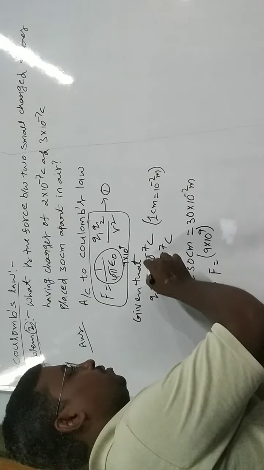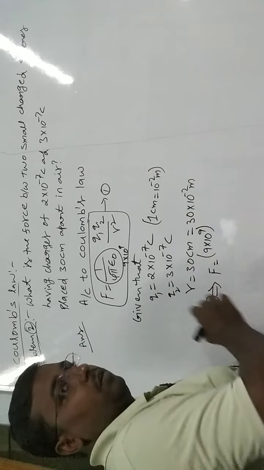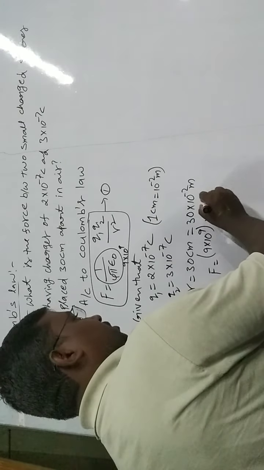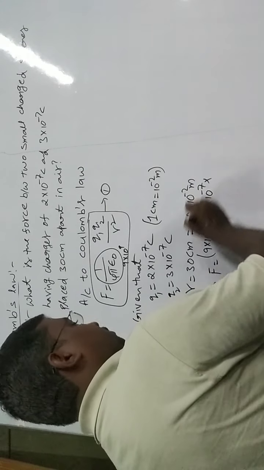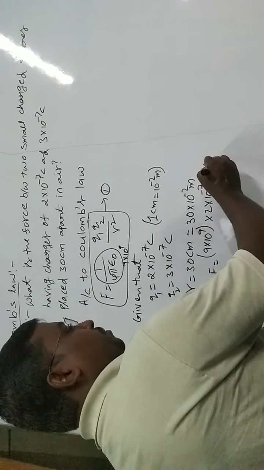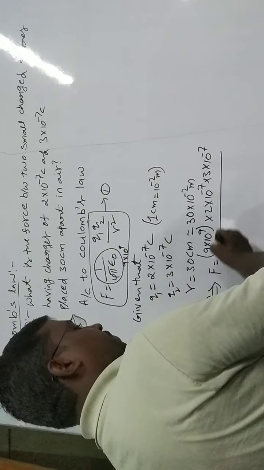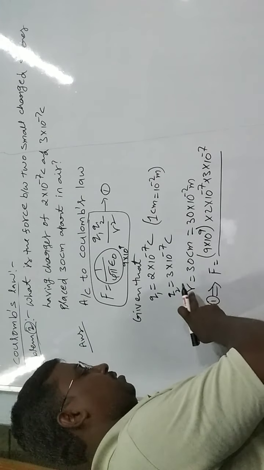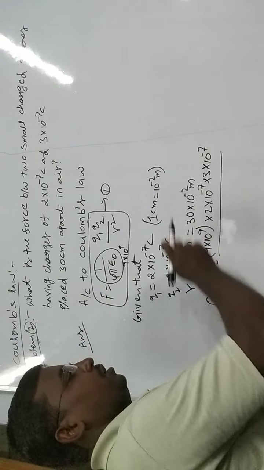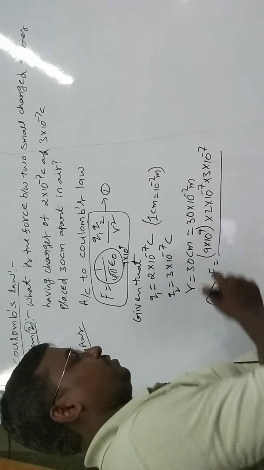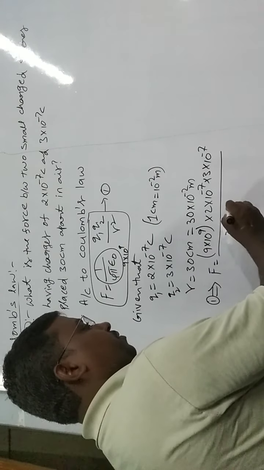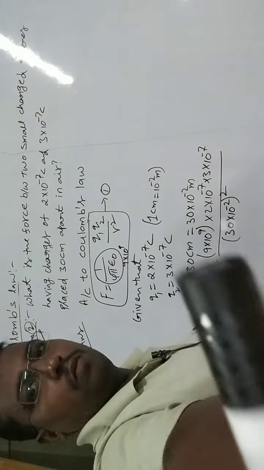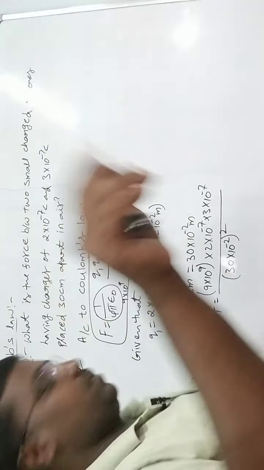Q1 is 2 into 10 power minus 7 and Q2 is 3 into 10 power minus 7 coulombs. So we write Q1, 2 into 10 power minus 7, and Q2, 3 into 10 power minus 7, by R square. What is the value of R? R is 30 centimeters or 30 into 10 power minus 2 meters. So we write 30 into 10 power minus 2 whole square. Now the square will be taken.